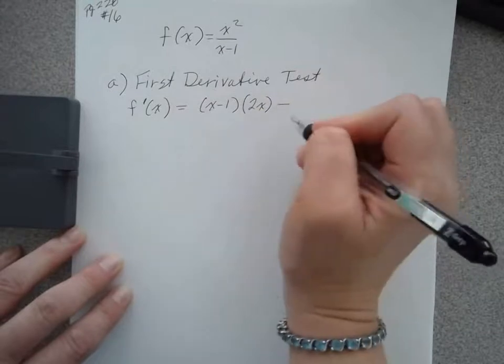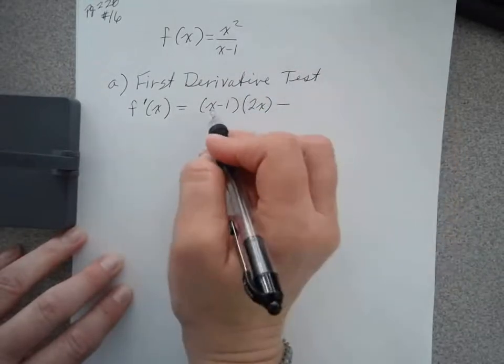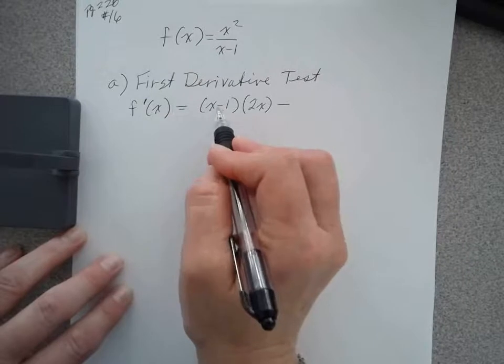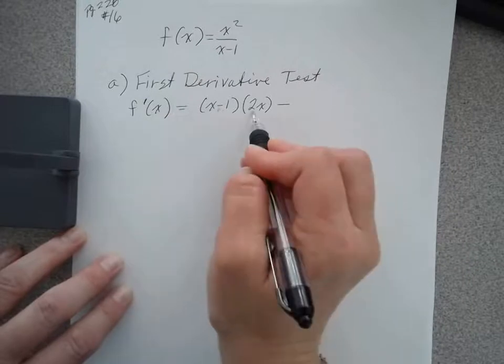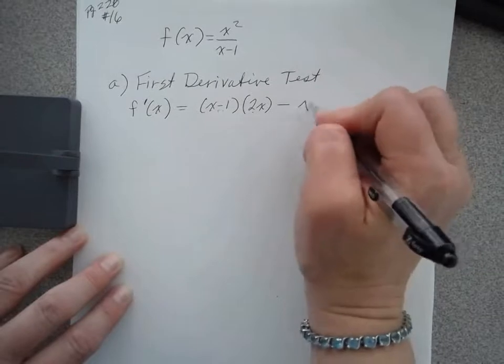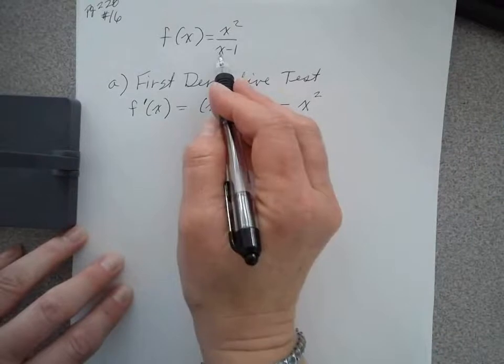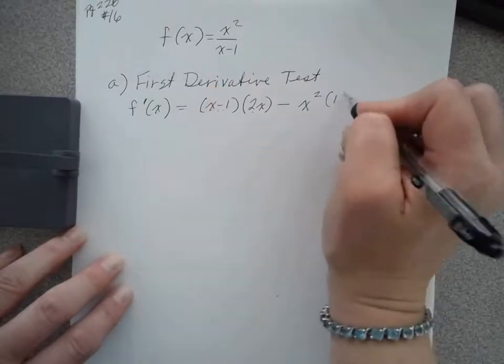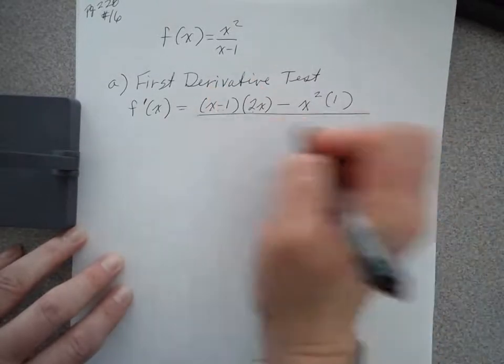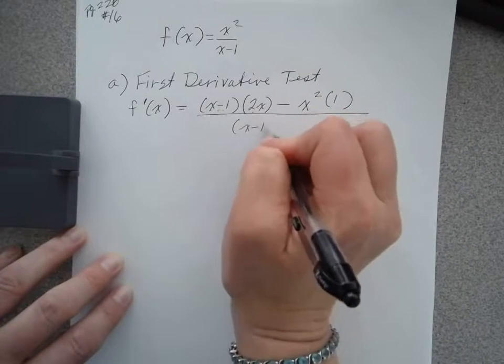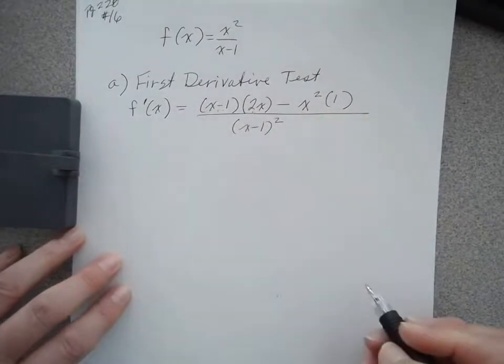Minus. Good. Somebody on the test did plus. Okay, so first derivative, or denominator times derivative of the numerator minus numerator times derivative of the denominator is 1, all over the denominator squared.